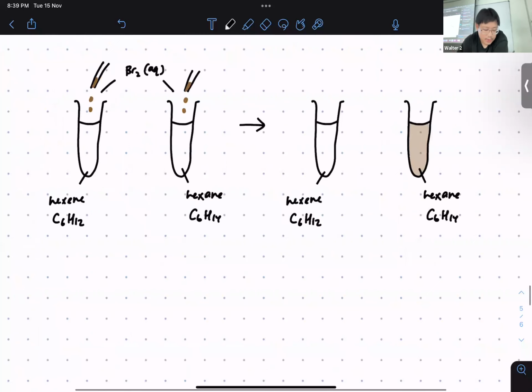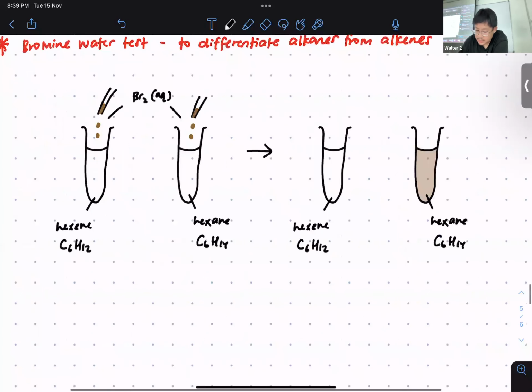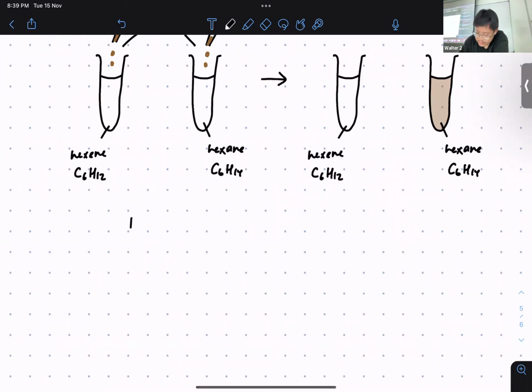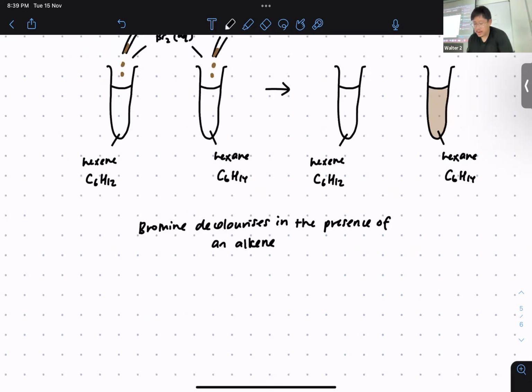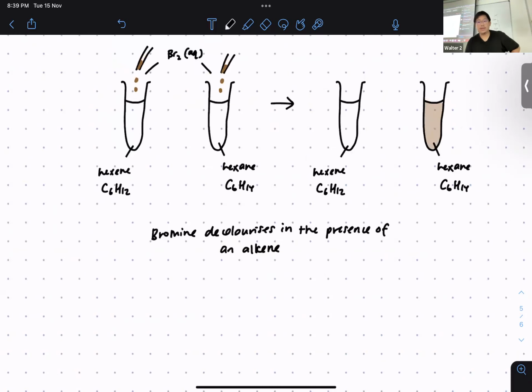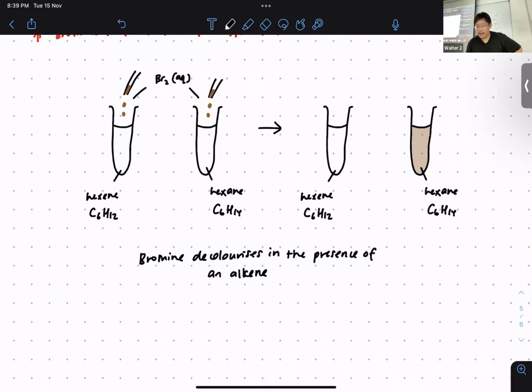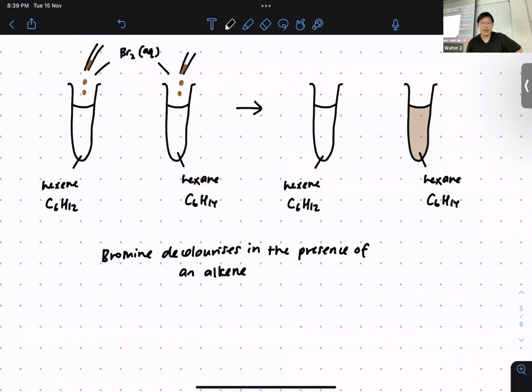So the outcome is very simple. You can just say that bromine decolorizes in the presence of an alkene, but in the presence of an alkane, the color remains.